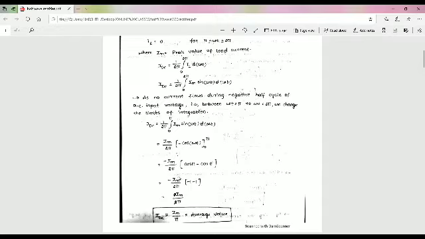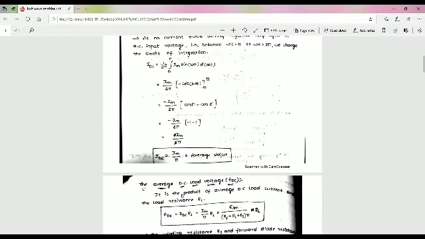Cos pi is minus 1 and cos 0 is 1. So IDC equals Im by pi. That is the average value of the current.